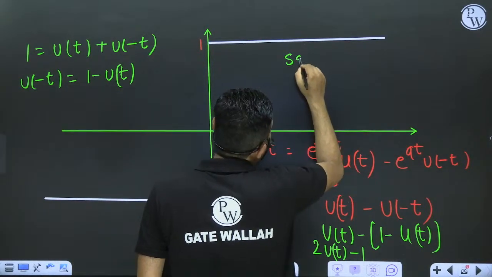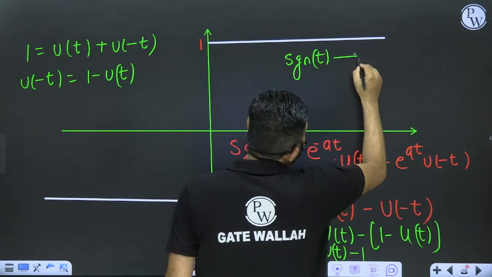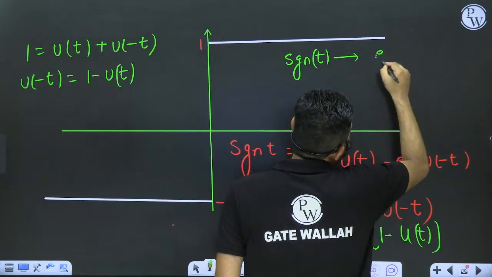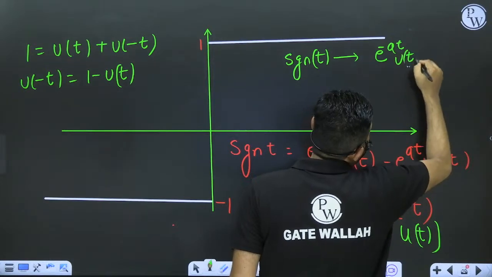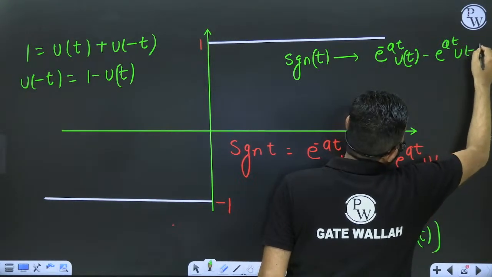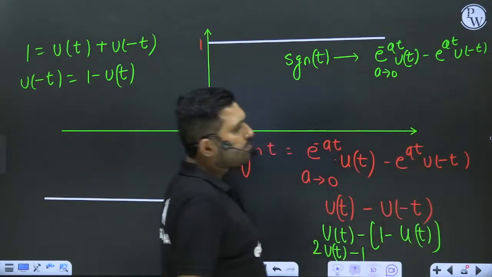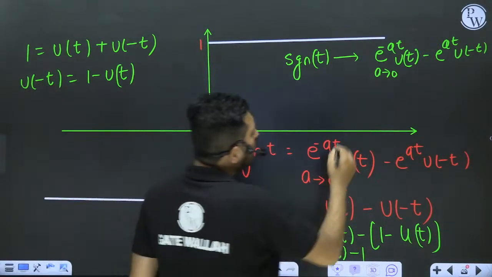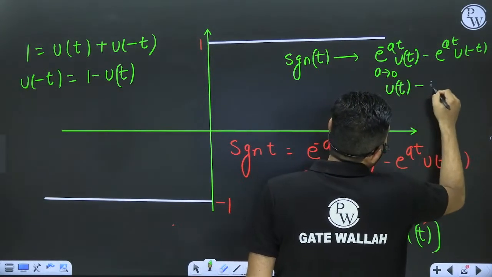Signum t can be written as, first, e to the power minus a t u(t) minus e to the power a t u(minus t) with a tending towards 0. Number 2, u(t) minus u(minus t).